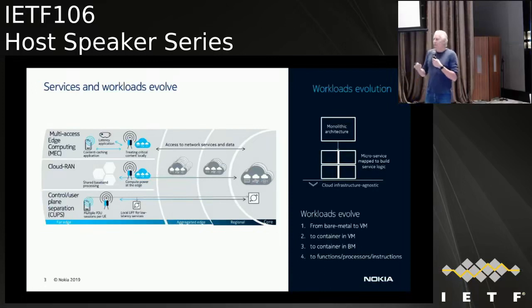Going forward with NFV and virtualization, we started introducing quite a lot of virtual machines, but in the meantime we talk about microservices, we talk about containers, and some people are talking about functions, so it's no longer something you can physically touch. As a result, in order to define and build the network around these things, you have a very heterogeneous environment to deal with. That's the second big thing to take into account.